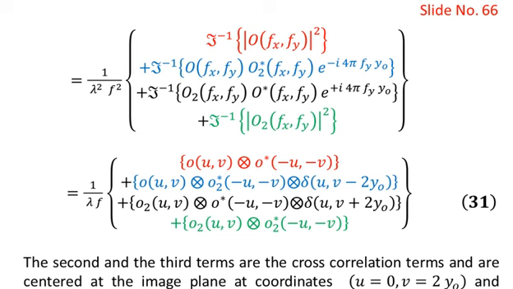Three terms will appear when the inverse Fourier transform operator operates, and there will be two convolution signs between the three terms. The Fourier transform of the exponent will be represented by the delta function, as given in the second step shown in blue in the last step of equation number 31.